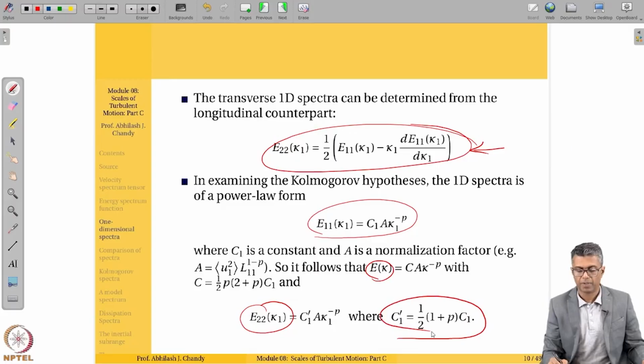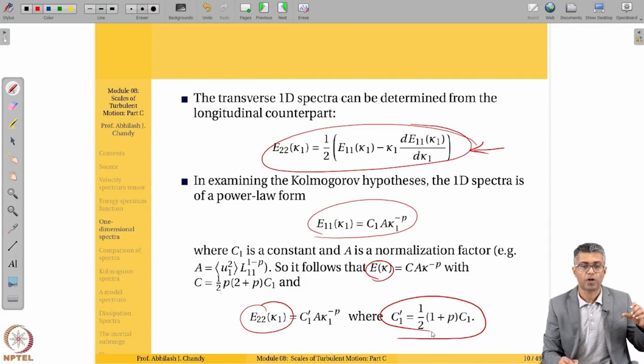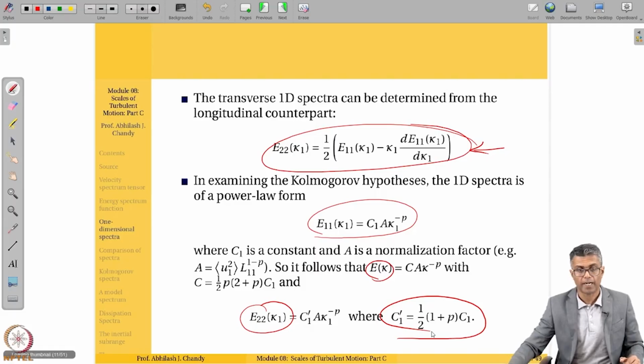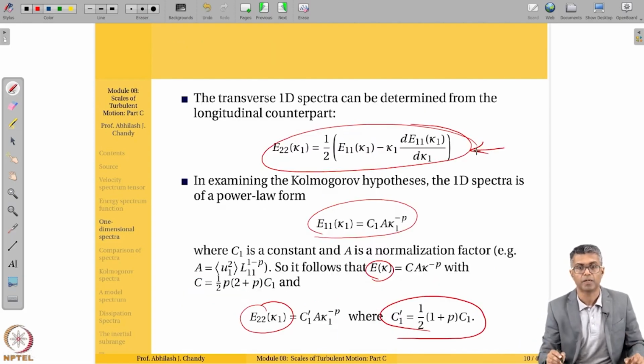And so I have two equations derived here, for E of K and E22. So what I did was I started from E11, used this equation to get E of K, then used this equation here to get E22.